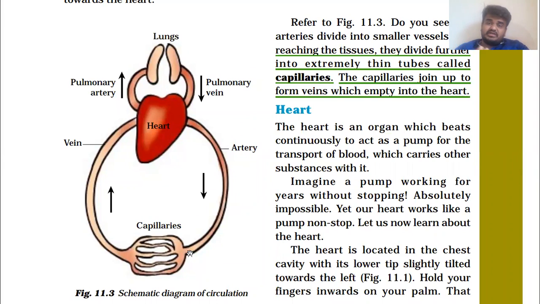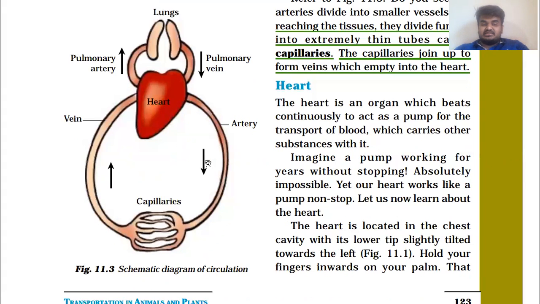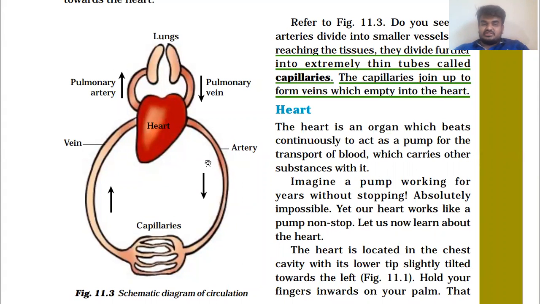After completing that circulation, these capillaries again form a vein which carries the blood to the heart. So this is the circulatory system, we can say.